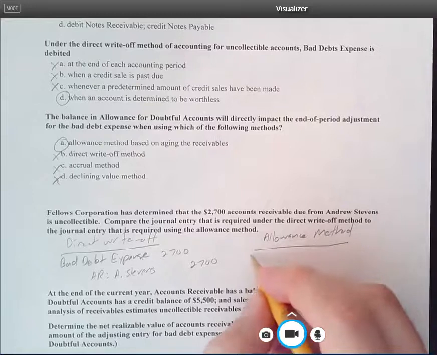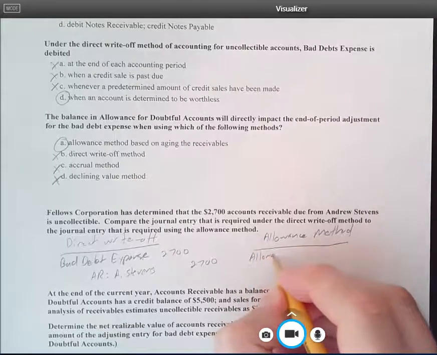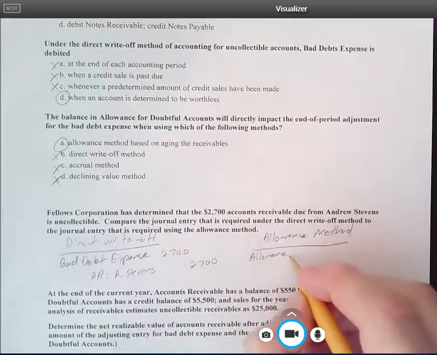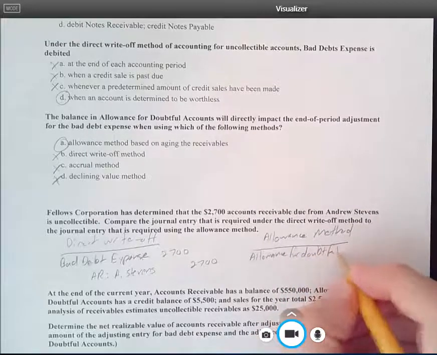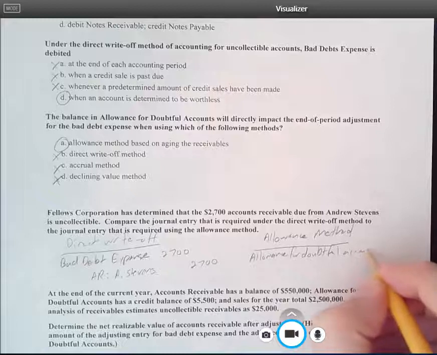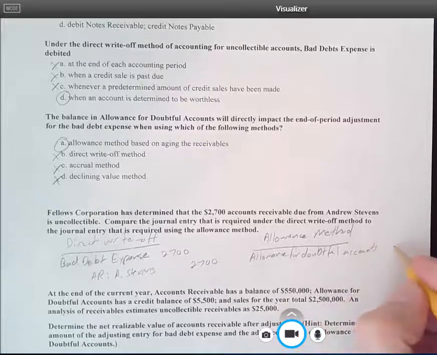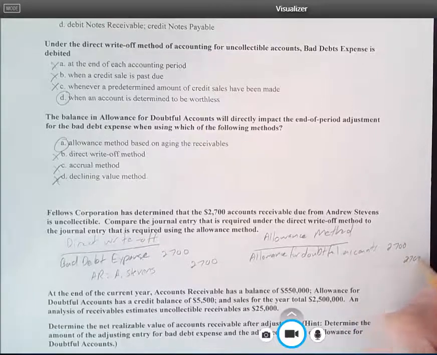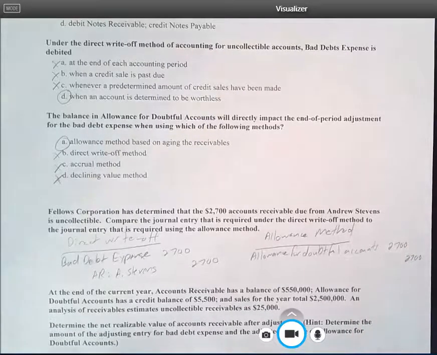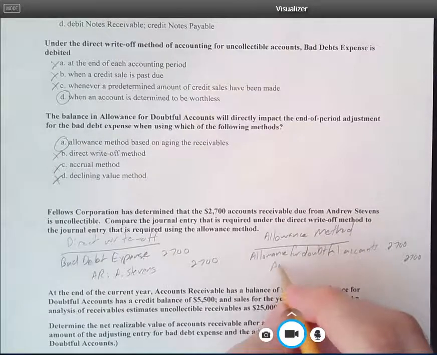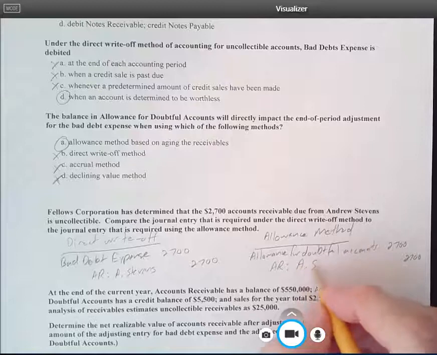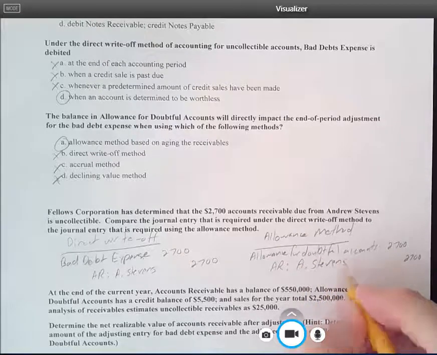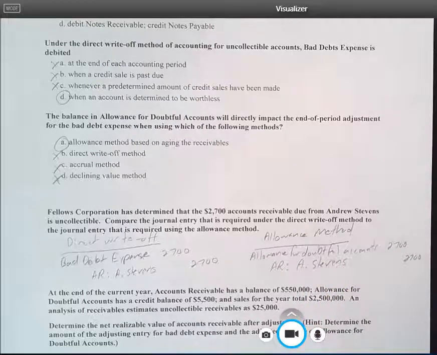So over here, we're going to take off some of that. Allowance for Doubtful Accounts is going to be $2,700. And then I want you to notice that under both methods, the credit is going to be the same. Okay, so there you go.